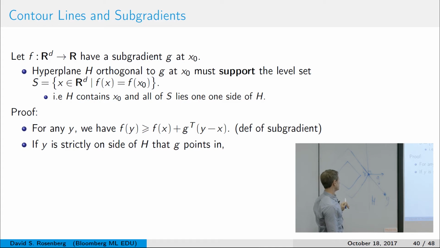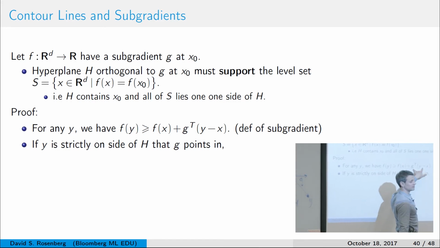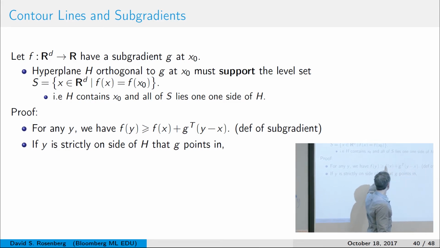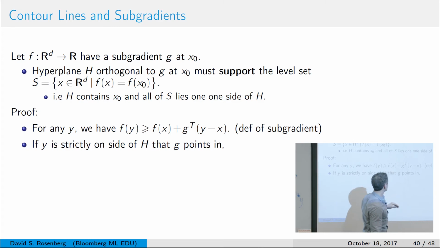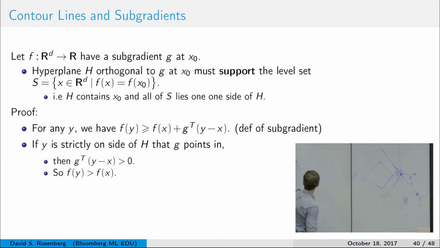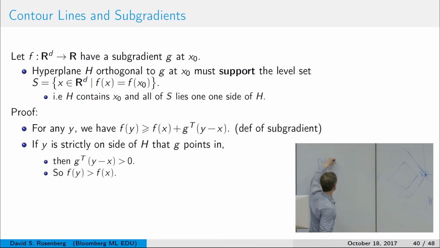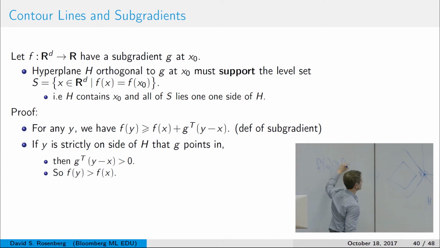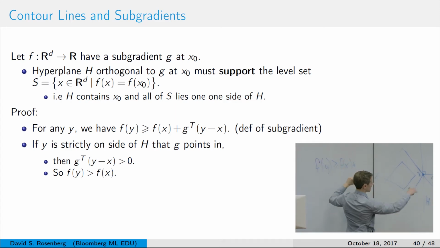Well, so if y is strictly on this side, then this piece is strictly greater than 0, which means f of y is strictly larger than f of x. Let me write that out. Is that clear? f of y is greater than or equal to f of x plus something that's greater than 0.